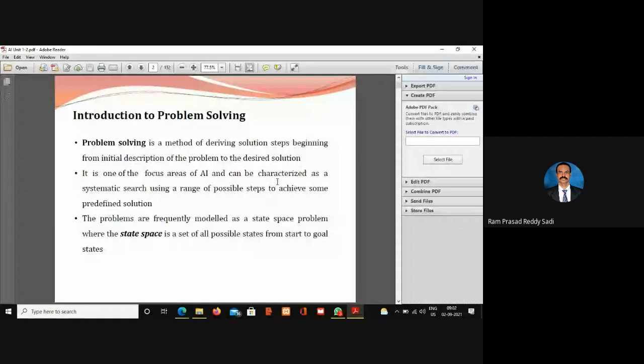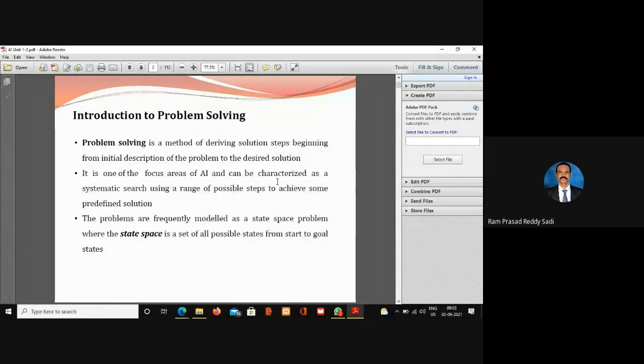Then we went through the applications of AI, the history of AI, and finally the current trends in AI. That was the backdrop, and with that, let's move ahead to the concept of problem solving and control strategies.